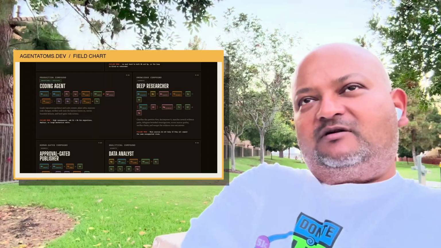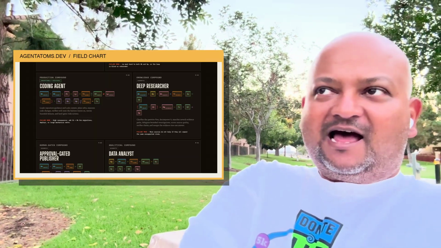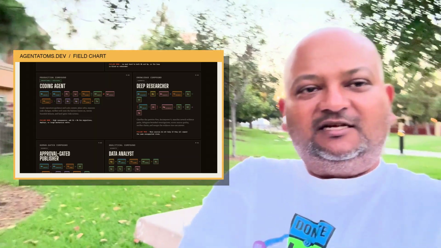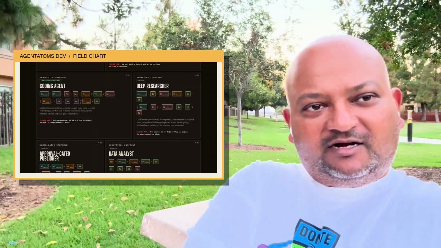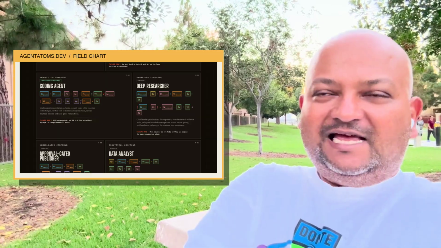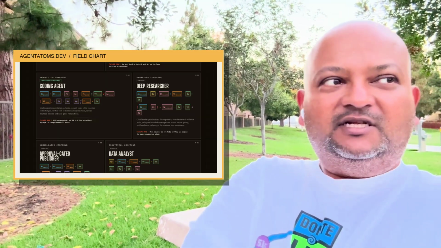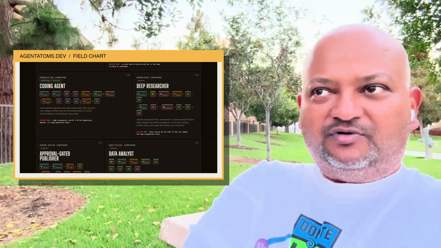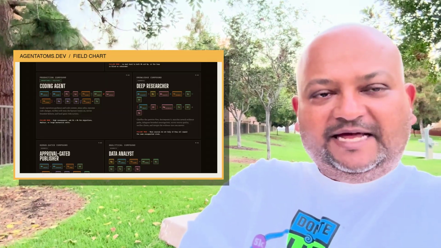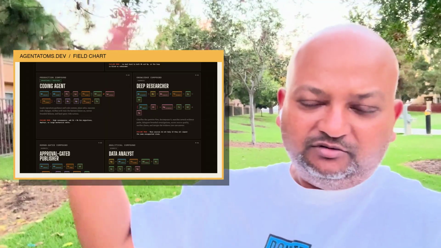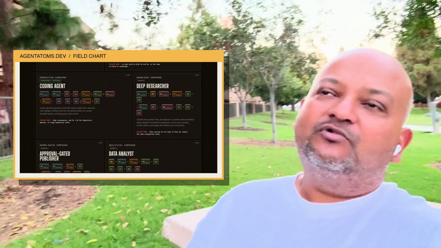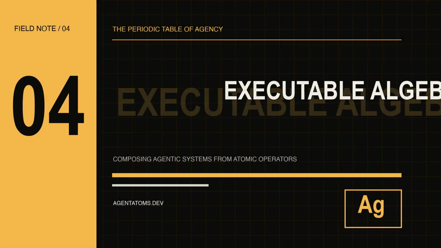So that's what I'm trying to do with agentatoms.dev, to essentially construct a periodic table of agentic behavior, to really break it down to its primitive, most basic parts, and then show how you can compose them to build more complex functionality.